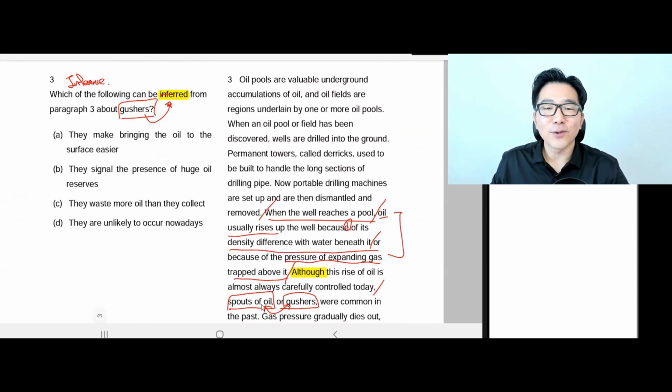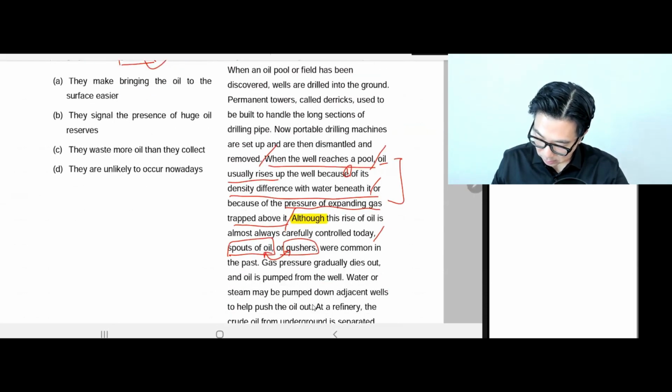The answer will probably be gushers were common in the past, and it's an inference question, not a factual question. So the answer would be something like gushers are no longer common today.